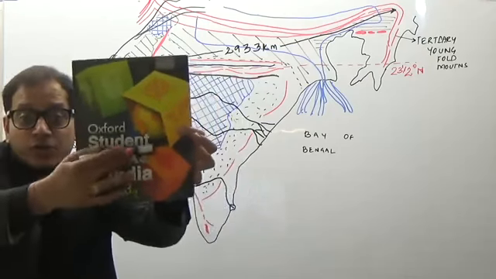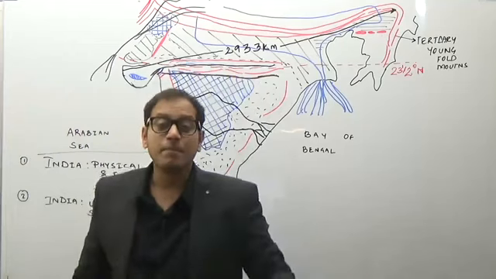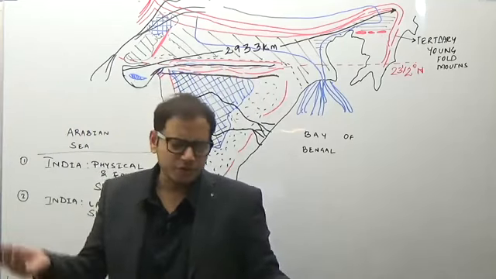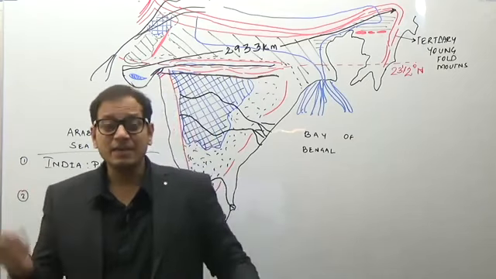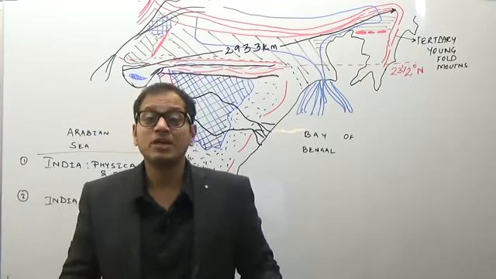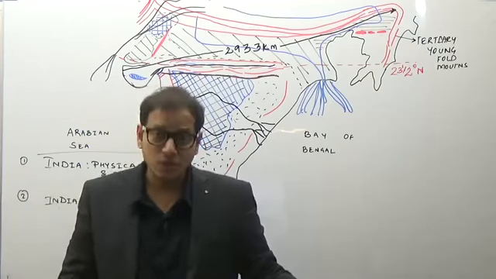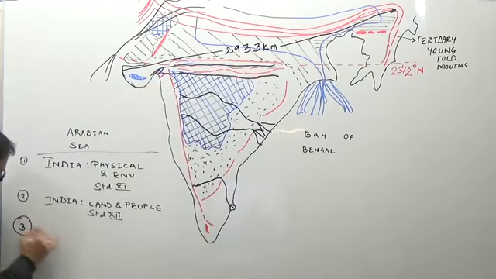Buy the Oxford Student Edition Atlas, or if it is not available, you can buy something else. It is available on Flipkart and anywhere. Otherwise, you can buy the Orient Longman Black Swan Atlas, which is also a good atlas. So the third requirement, which is the most important, is an atlas.